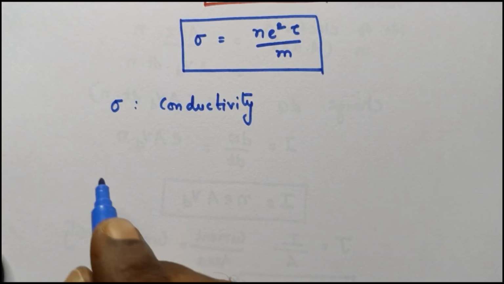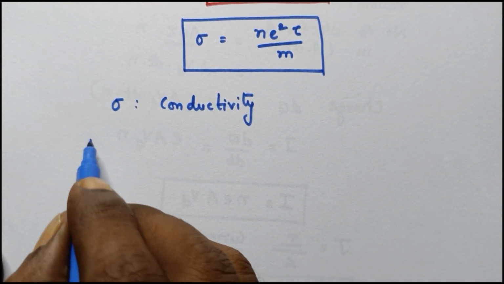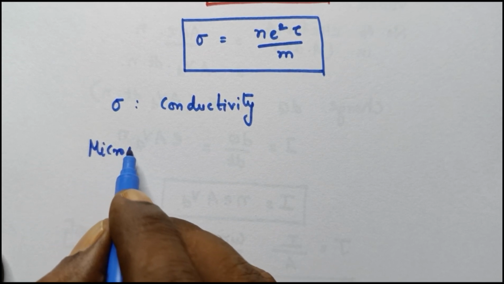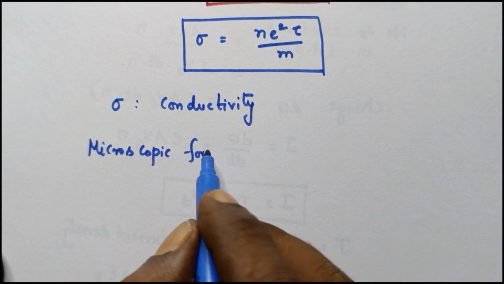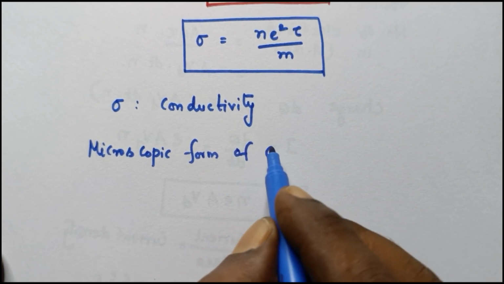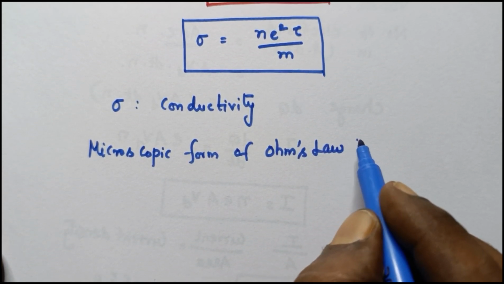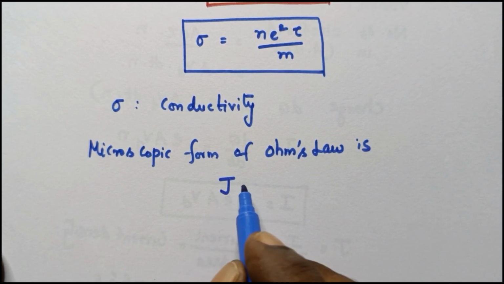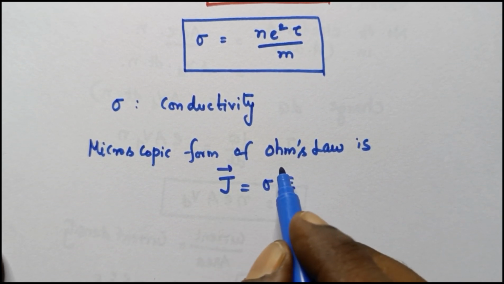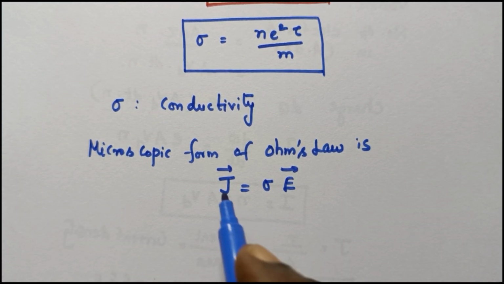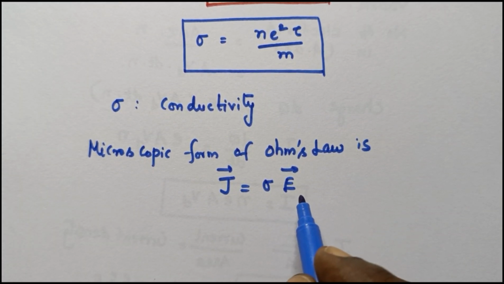So the microscopic form of Ohm's law is J is equal to sigma into E, and from this we can say that current density is proportional to the electric field.